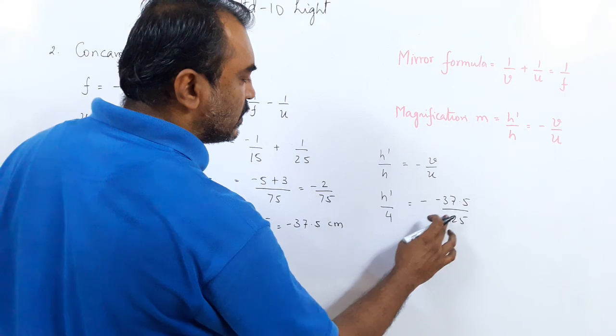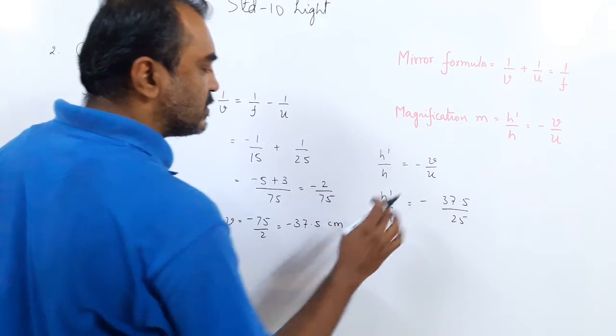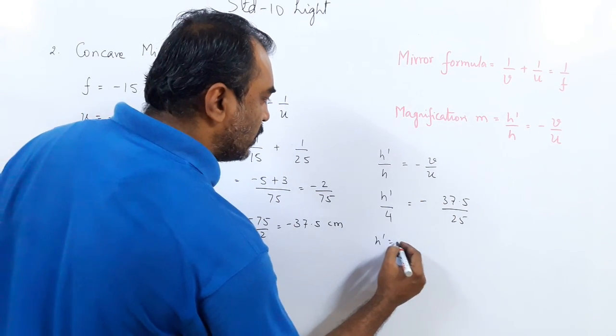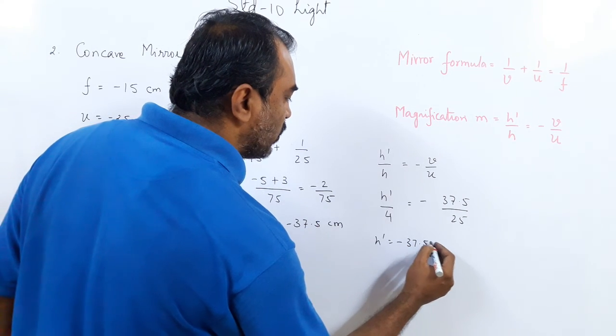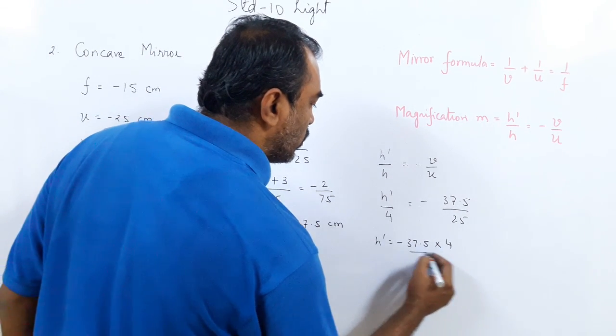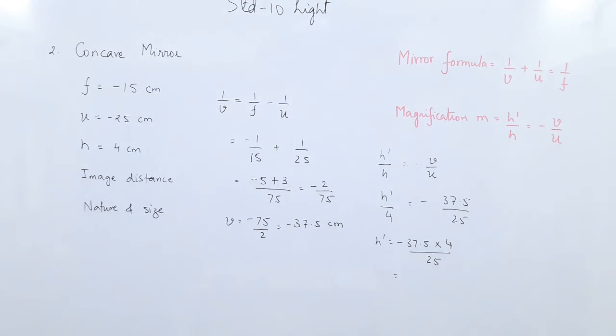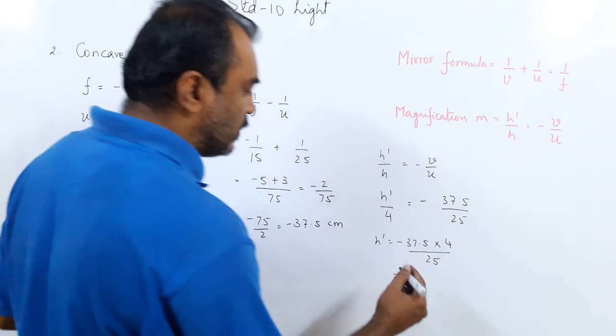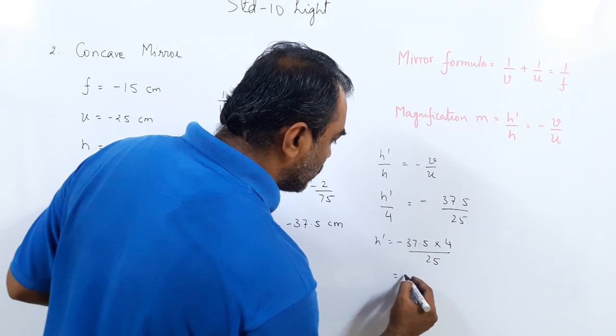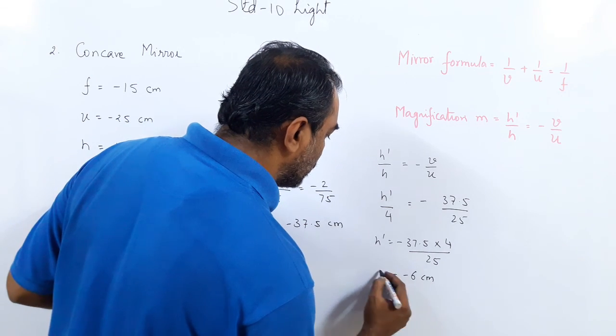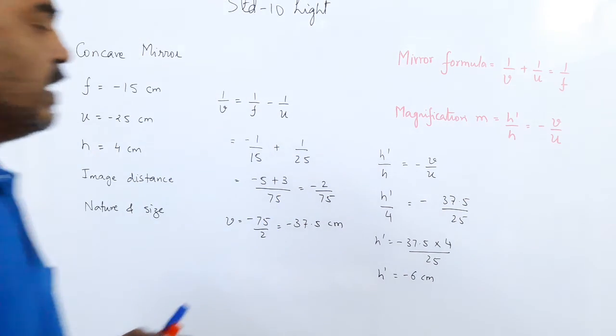So this minus and this minus get cut, and the minus remains. So h prime equals minus 37.5 into 4 upon 25. On calculation, how much will you get? Almost minus 6 centimeter.